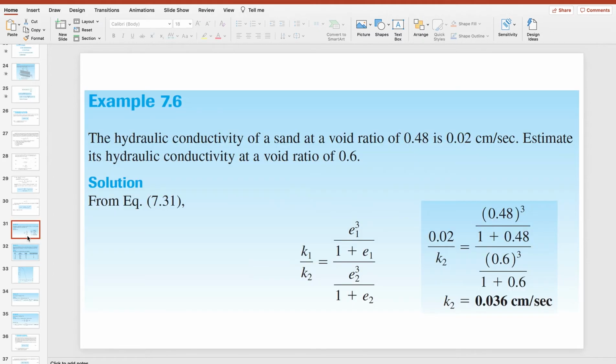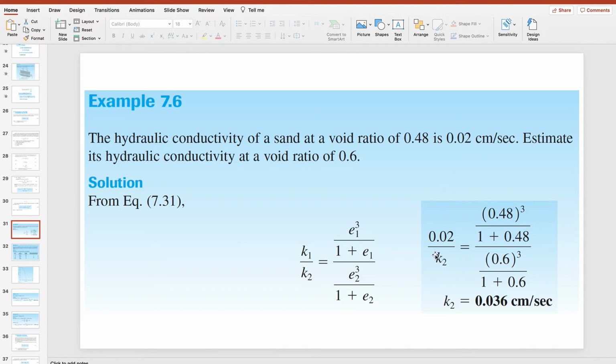So we have K1 is equivalent to E sub 1 cubed divided by 1 plus E sub 1. Then K2 is equivalent to E sub 2 cubed divided by 1 plus E sub 2. E sub 1 is 0.48, K sub 1 is 0.202, while we are looking for K sub 2.